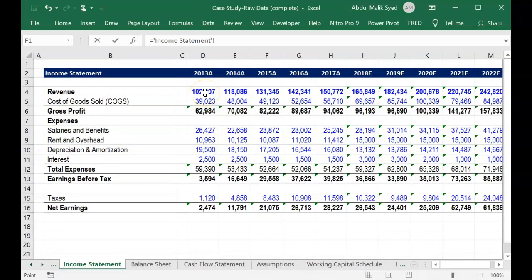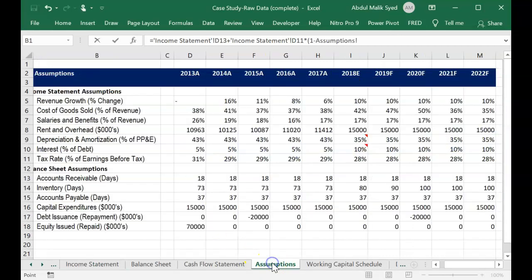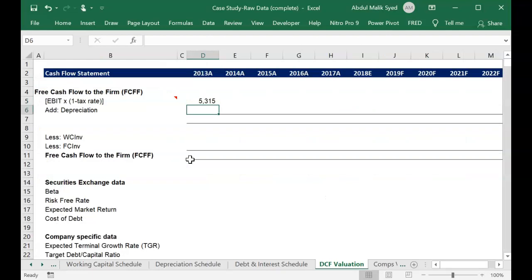EBIT is not there. We have EBT. So if we add interest to this, it becomes EBIT, and then multiply this by 1 minus tax rate. Tax rate is the assumption which we have. Okay, enter. So you will have 5315 million. Add depreciation.